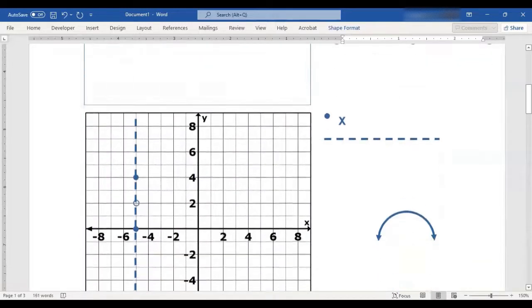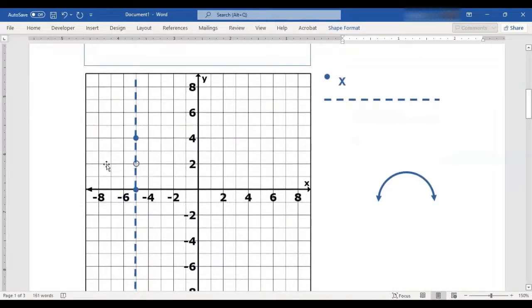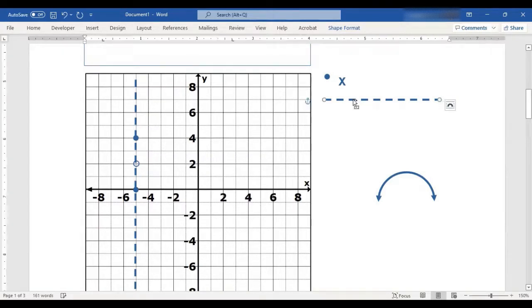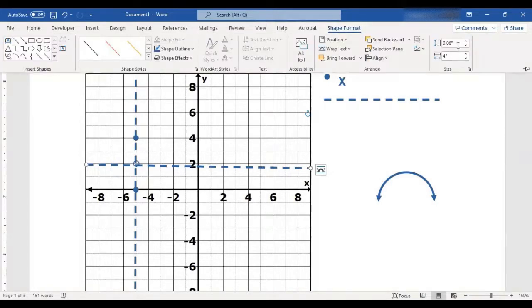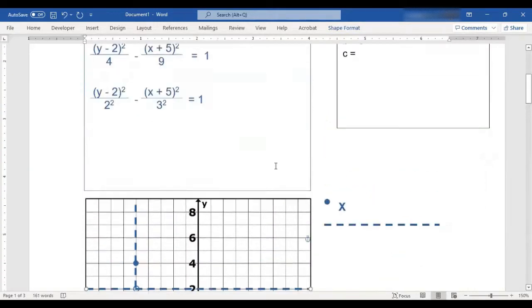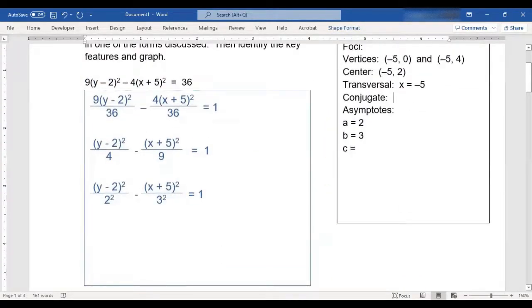For the conjugate axis, it goes through the center, but in the other direction. So it's going to be y equals 2. Y equals 2 is the conjugate axis.